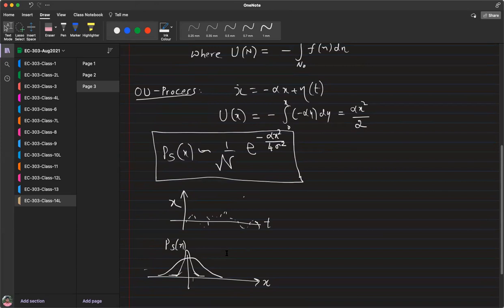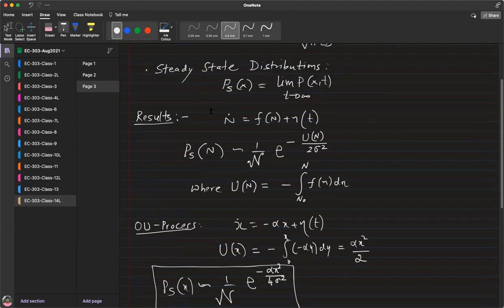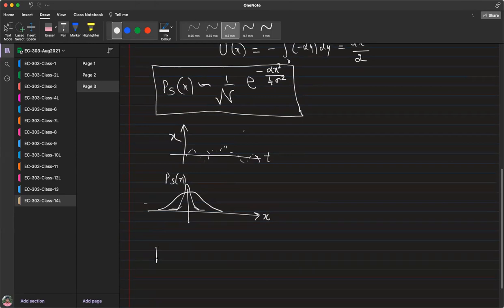I think I've covered enough ground for today, but I'll do one last result. Let's call this result A. Let's do result B. Let's consider a multiplicative noise case.